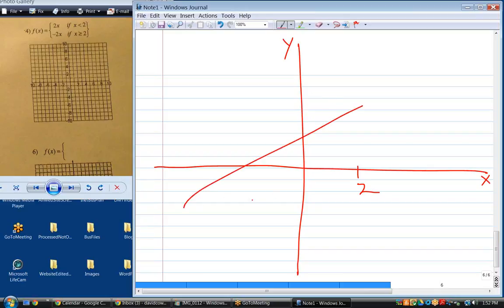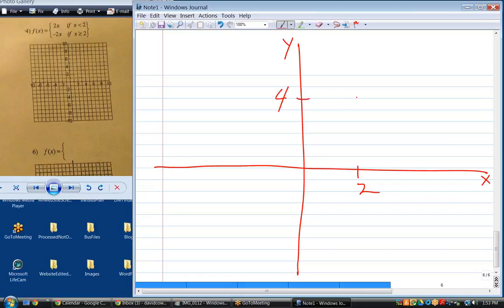In other words, if I'm going to go in that direction, where do I want to start my point? Hold on. Sorry. 2x, yeah. 4. Okay, so I'm going to start where y equals 4. In other words, right here.